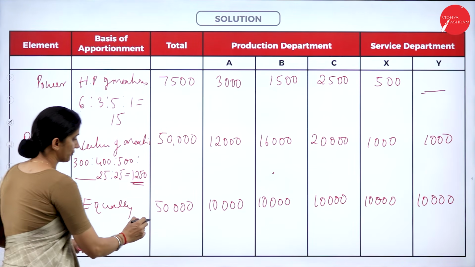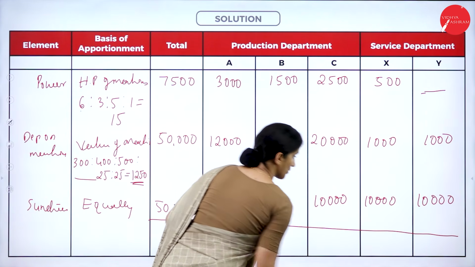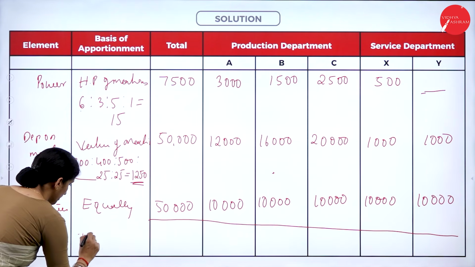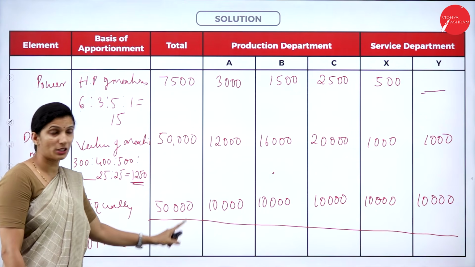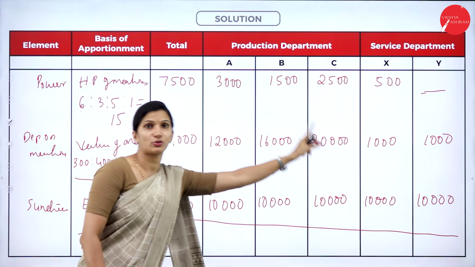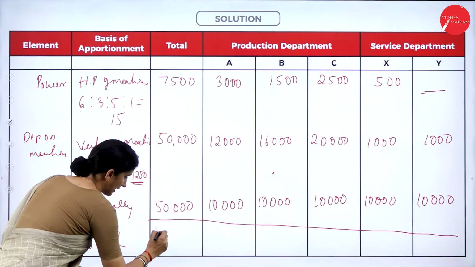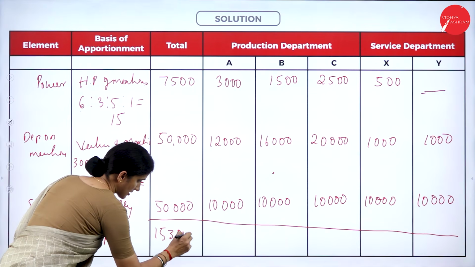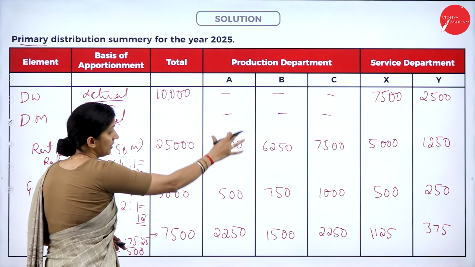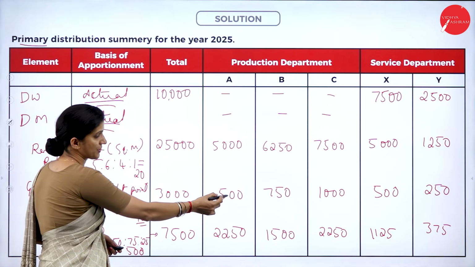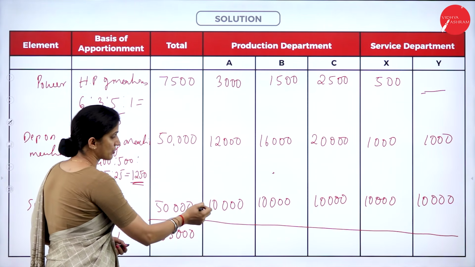So now what we have to do is take the total of all the columns, including the total column and the 5 department columns. So here we'll have 1,53,000 as the total, and for A, from the beginning, we need to do the total: 5,000 plus 500 plus 2,250 plus 3,000 plus 12,000 plus 10,000.